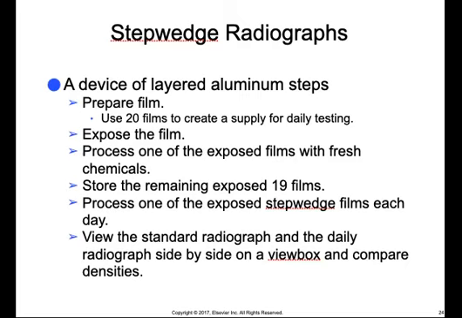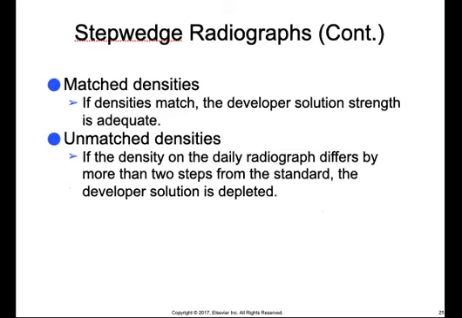We'll view the standard radiograph and the daily radiograph side by side on a view box, and compare the density seen on the daily radiograph with the density seen on the standard radiograph. We'll use the middle density seen on the standard step wedge radiograph for comparison.